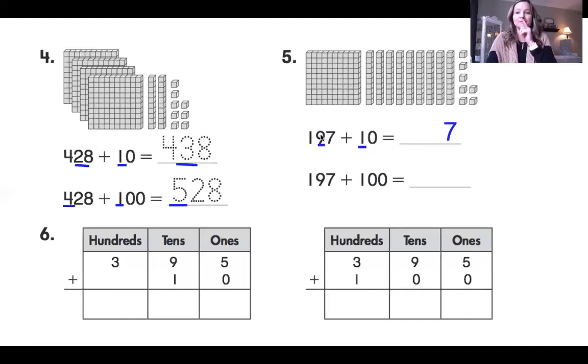But 9 plus 1, again, is how much? If you said 10, you are correct. So you put down the 0, and you do what? Carry the 1. So 1 plus 1 equals 2. 207.